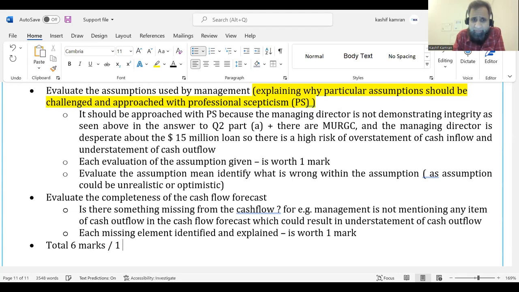Total 6 marks divided by 1 mark each is equal to 6 points in the total answer. Irrespective of whether you write more points for assumptions and fewer points for completeness, or more points for completeness and fewer points for assumptions, the total number of points you need to write is 6.